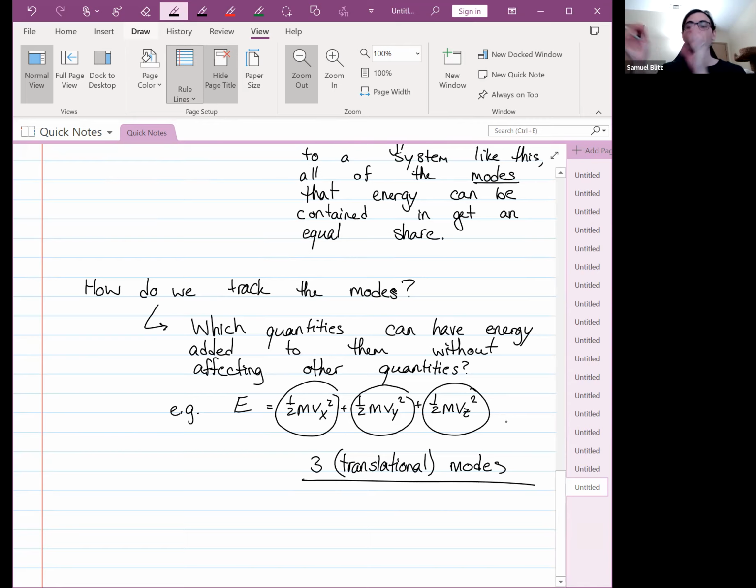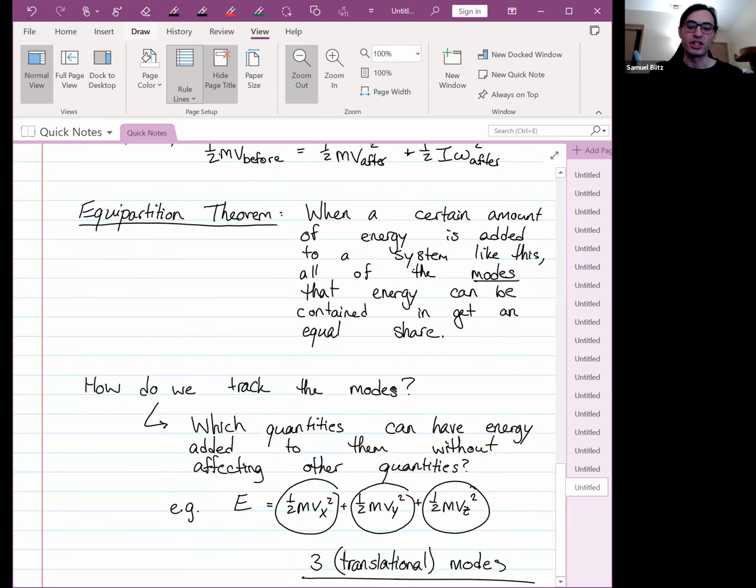These 3 things were independent of each other. And so then we just added them all up and said that we have 3 of these things that give us the total energy. We already used that these 3 things contributed to the total energy equally. That is, the energy was evenly distributed amongst the 3 modes, because the 3 modes are independent of each other. Like the x, y, and z, they all contribute to the energy in the same way.